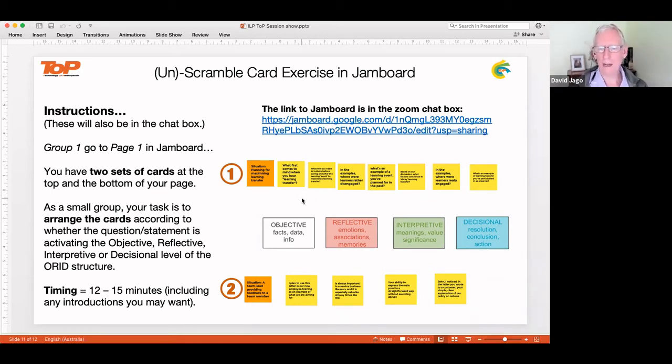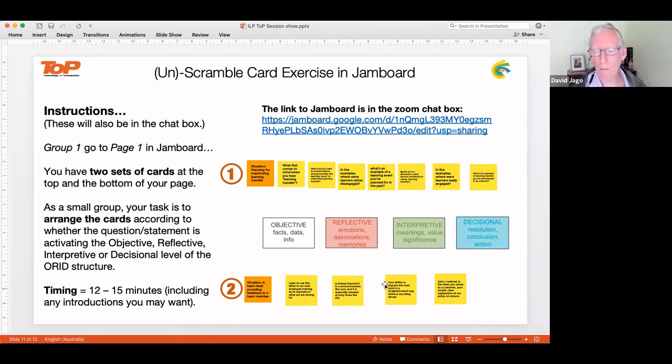What you have on each page is a string of cards along the top, a string of cards along the bottom, and just a recap of the ORID sequence. Okay, so your task is to arrange the cards in one string according to what level is being activated or being called out by the questions on the top.